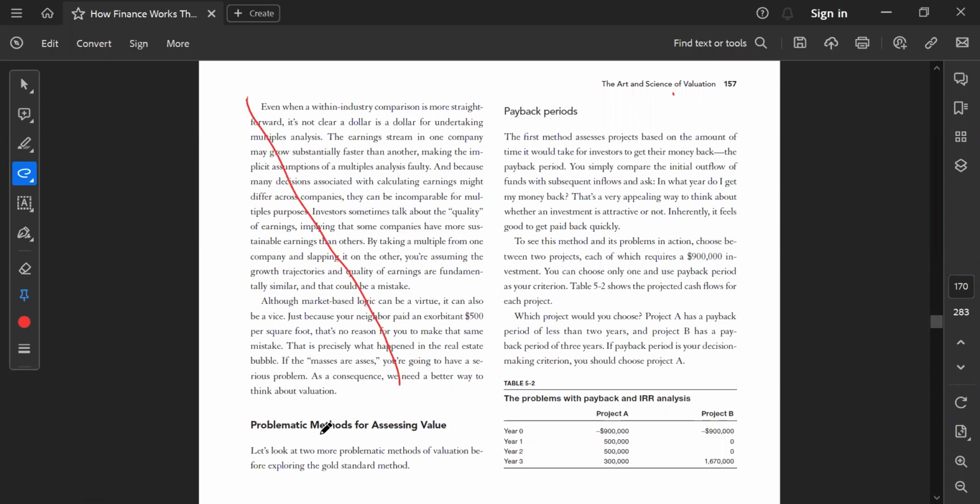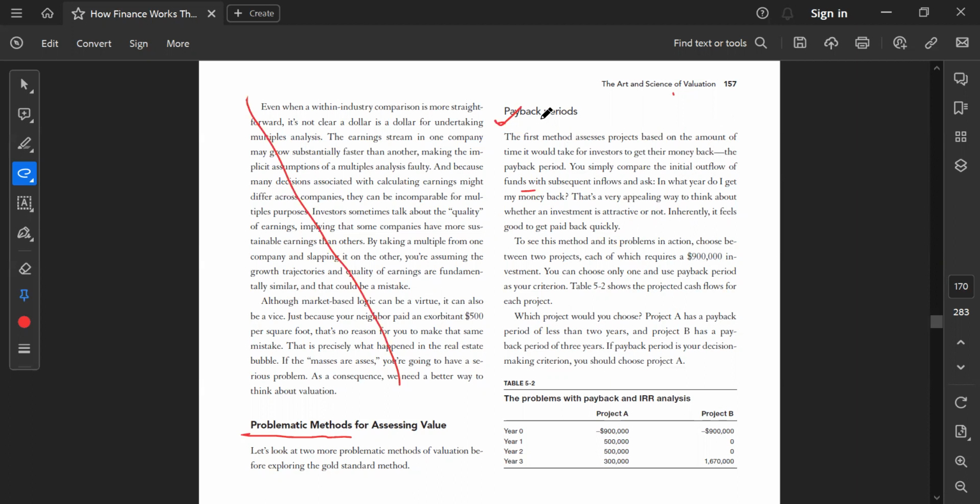Now let's look at another method, which is a problematic method, that is payback periods. So oftentimes when we make an investment, we assess the capacity of investment by assessing how rapidly it can pay us back our investment. Okay, but that is a faulty measure.